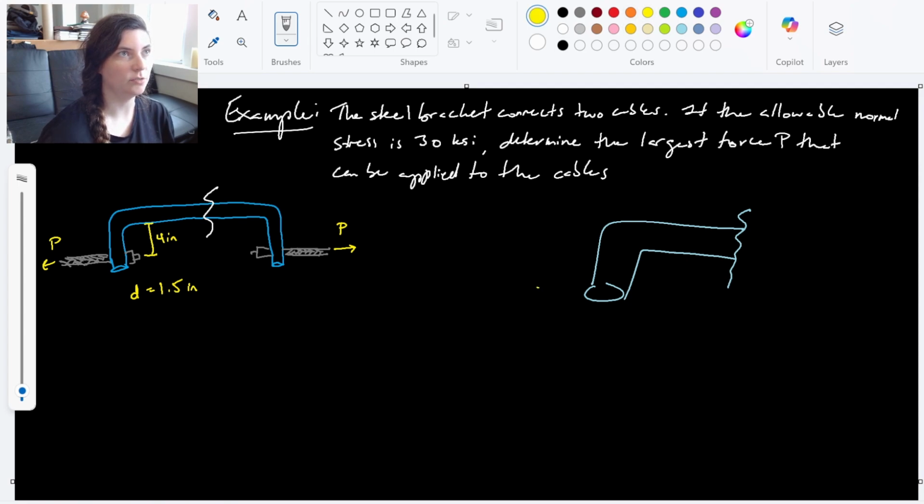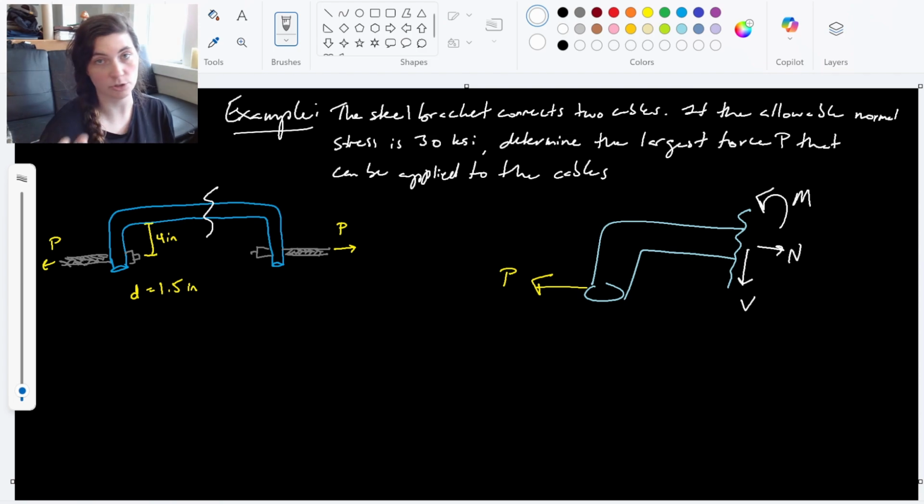We have the force P coming off of it that we want to find, and then our internal forces in here. The internal forces in 2D are the shear, the normal force, and the moment. We can apply our static equilibrium equations to solve for each of these. Step 1 is we cut through the section. Step 2 is actually finding those forces.